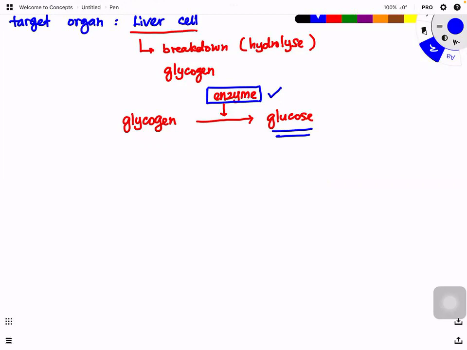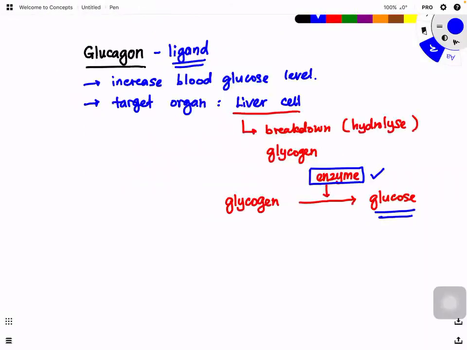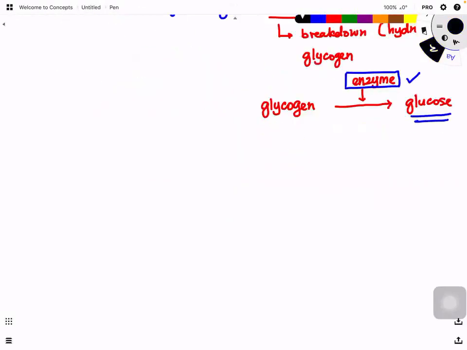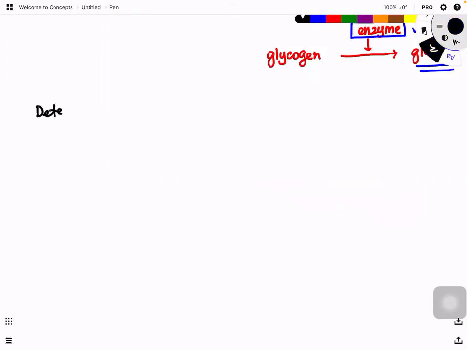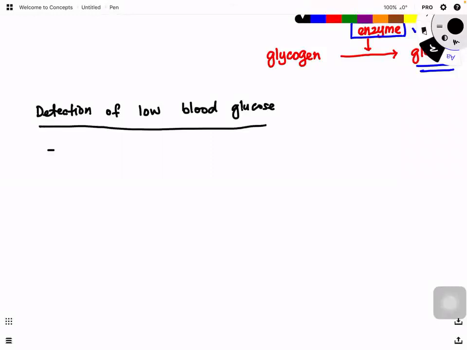Now, involving the whole process, you can see who detects. The detection of low blood glucose is by the pancreas, or more precisely, by alpha cells in the pancreas. You learned about islets, right? Islets of Langerhans, correct or not? So try to imagine, I have this pancreas.